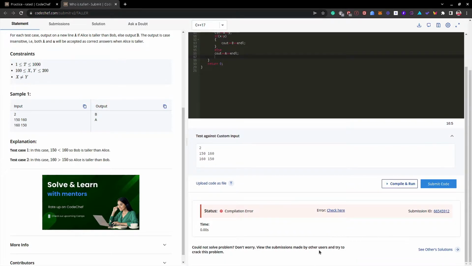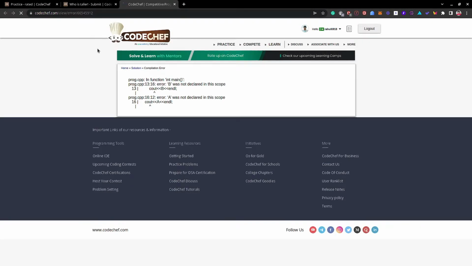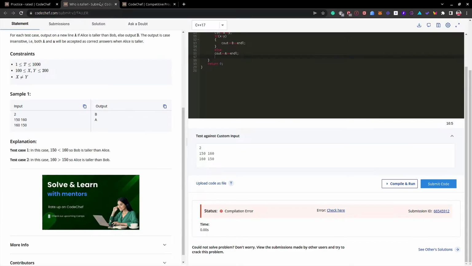Yeah, compilation error, let's check the error. The error was in cout. Okay, a and b are not declared, so what I have to do is print them, right? For printing I just forgot to add double inverted commas.